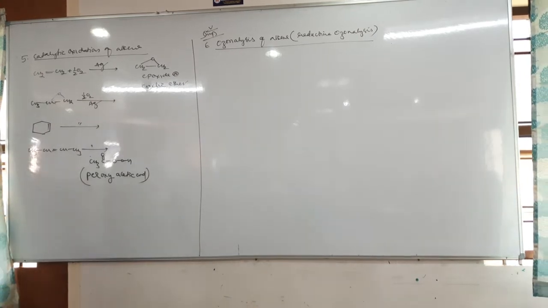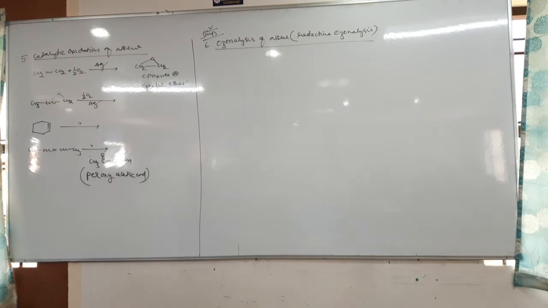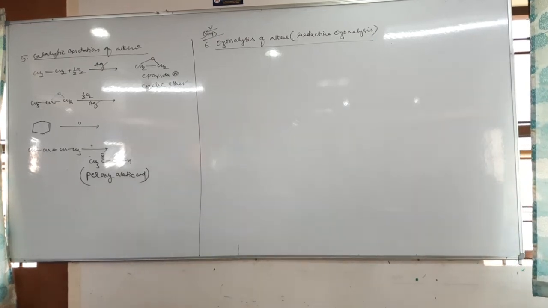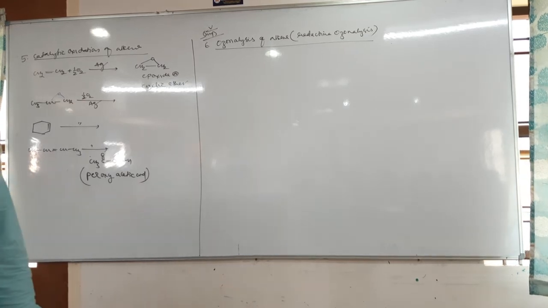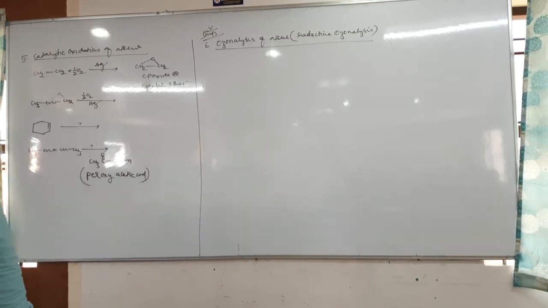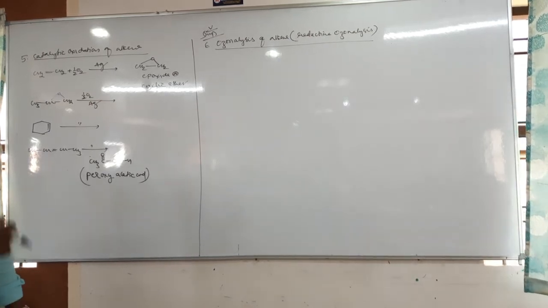It is called ozonolysis of alkene. So this is very, very important. I think if you see 5 model papers, at least in 3 model papers, this question will be there. Most important. In last year's NEET exam, we got one question on this.